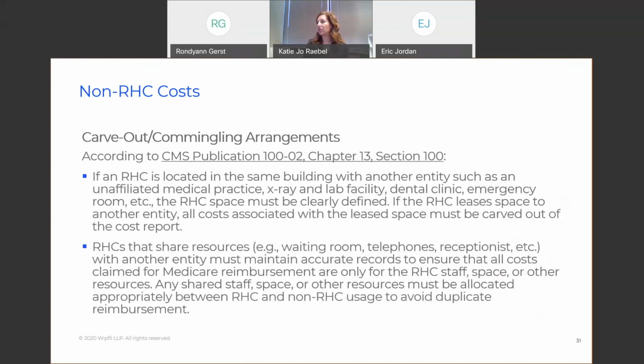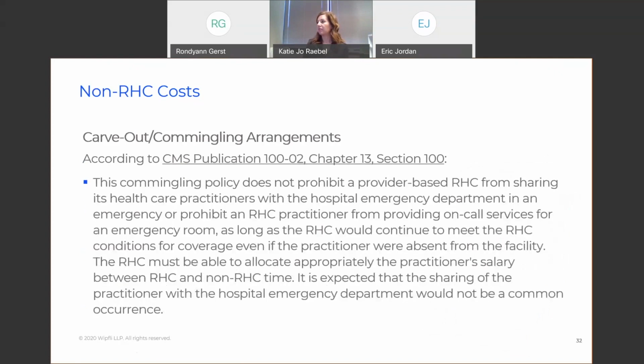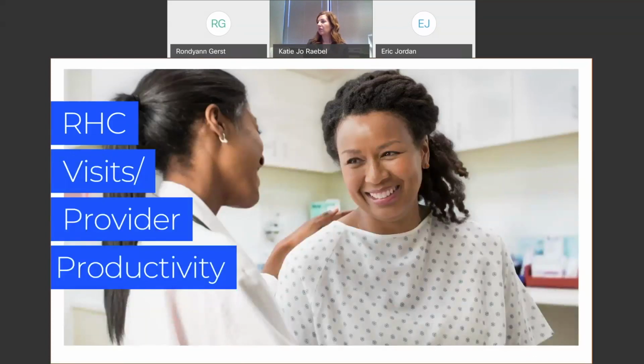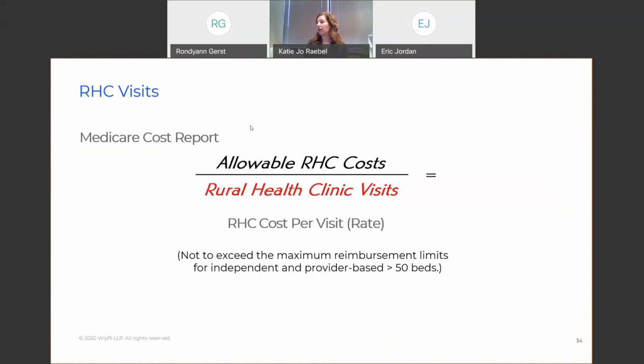I have some information in here. I'm going to move to RHC visits and provider productivity. So we have our numerator where we have our allowable RHC cost amounts.